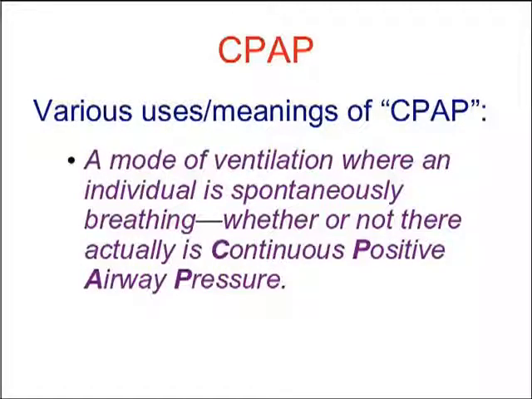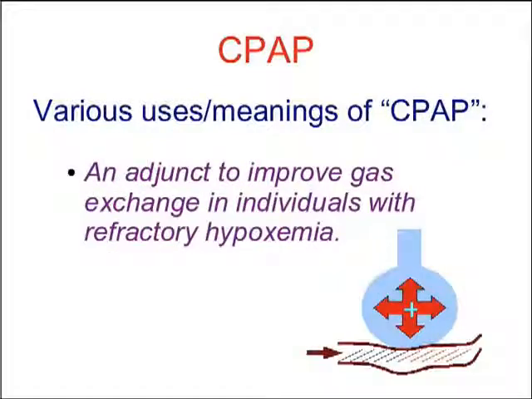The word CPAP is also used to mean a mode of ventilation where a patient is breathing spontaneously. It may literally be CPAP in that you have continuous positive airway pressure, or it may not be. And finally, the meaning that's most relevant here is the meaning of CPAP as an adjunct to improve gas exchange in individuals with refractory hypoxemia. I'll explain that a little more.